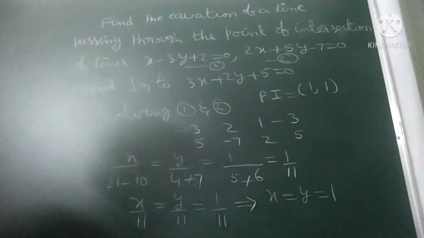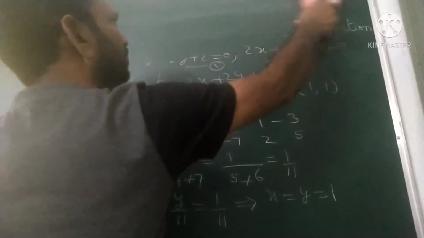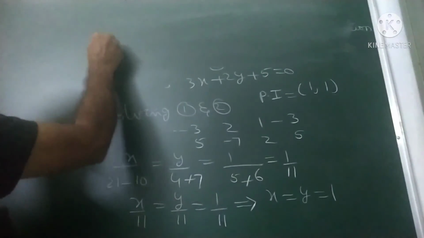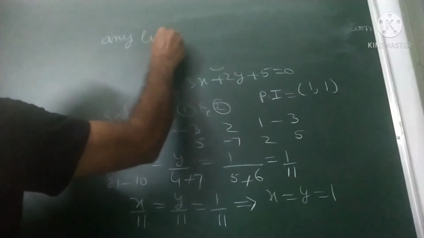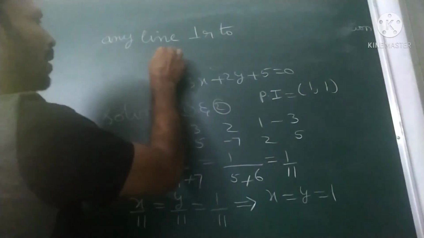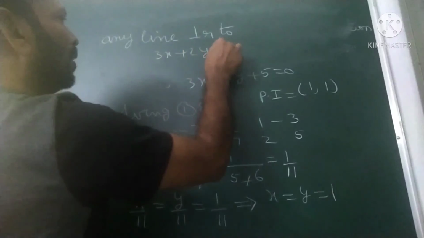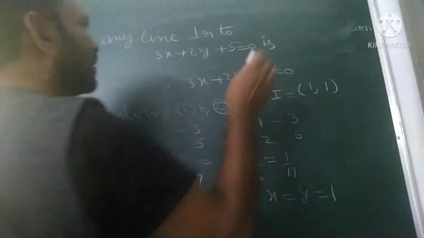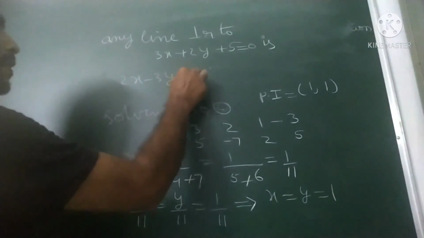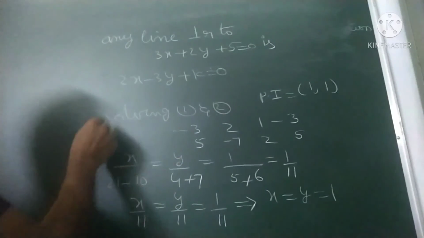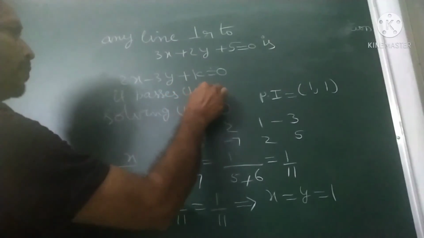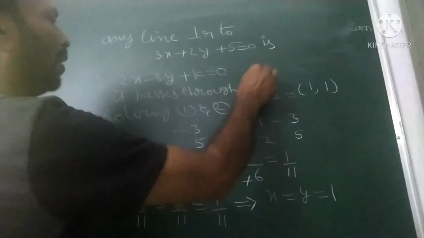Let's see. Any line perpendicular to 3x plus 2y plus 5 equal to 0 is 2x minus 3y plus k is equal to 0. It passes through 1 comma 1.